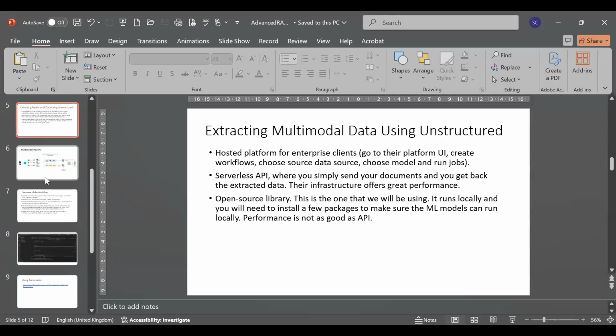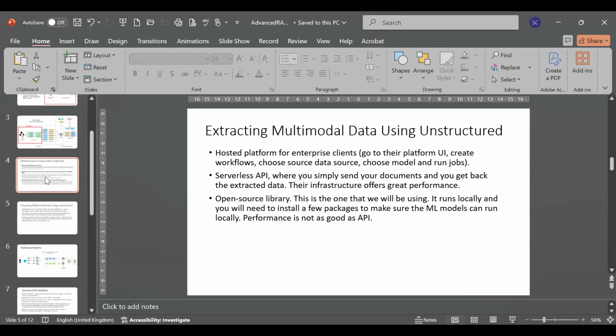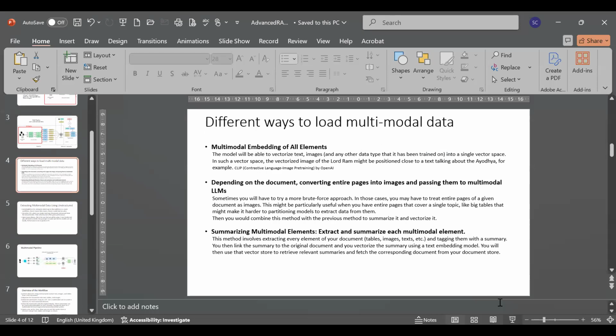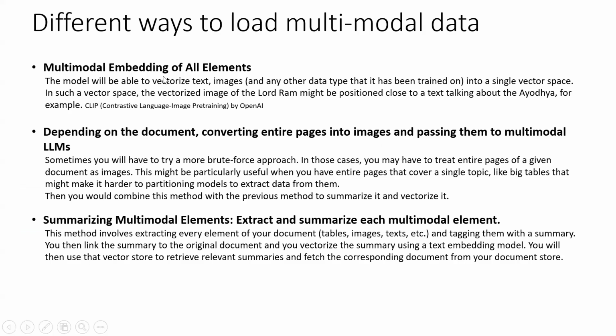Let's go. So this is one of my approaches. If I have multimodal data, what I can do is create multimodal embeddings. Second is, depending on the document, converting the entire page into images and passing them to multimodal LLMs. Sometimes you will have to try a more brute force approach. In those cases, you may have to treat the entire page of a given document as an image. This might be particularly useful when you have entire pages that cover a single topic.